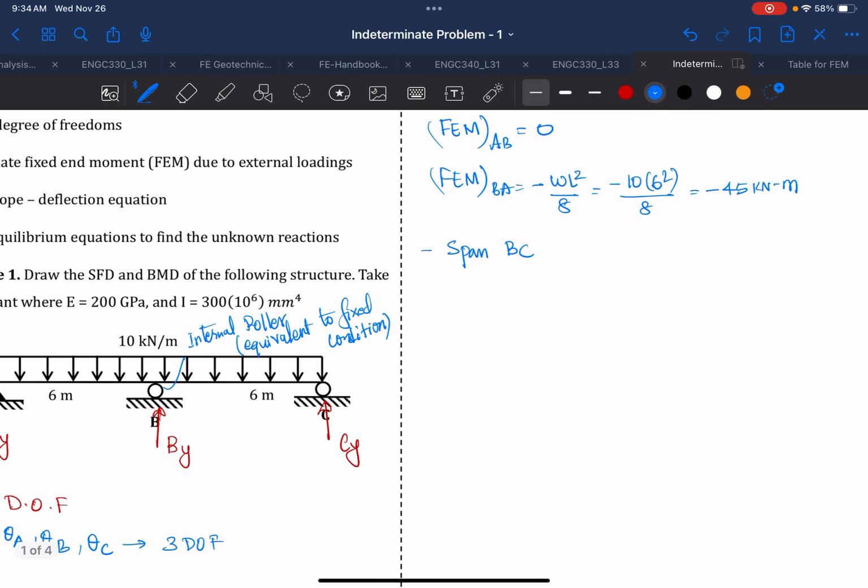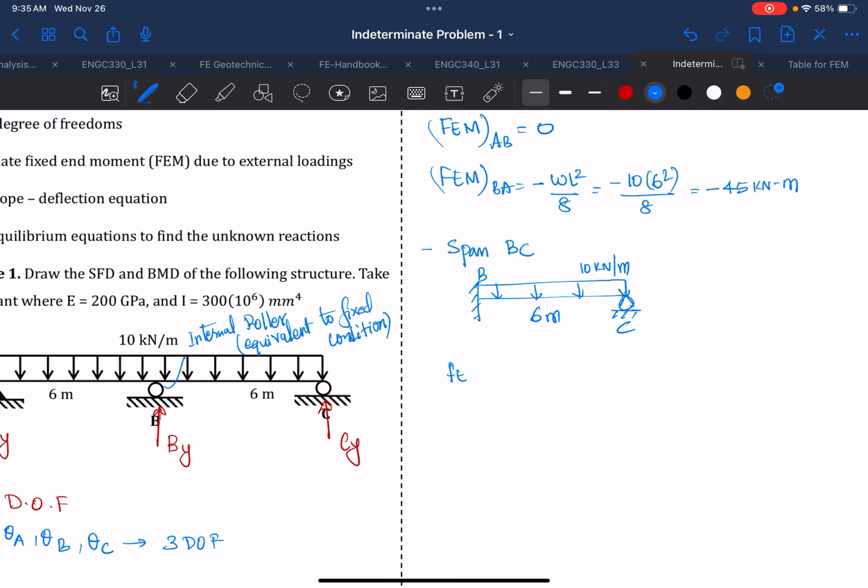BC, and for span BC, again, B is an internal roller, so it's going to be fixed, and then C is going to be a roller, and we have all the load, which is 10 kilonewton per meter, and this will be 6 meter. And once you have that, now you can find your fixed end moment for BC.